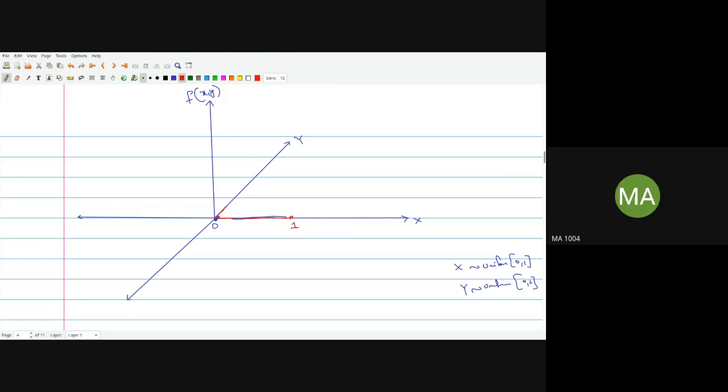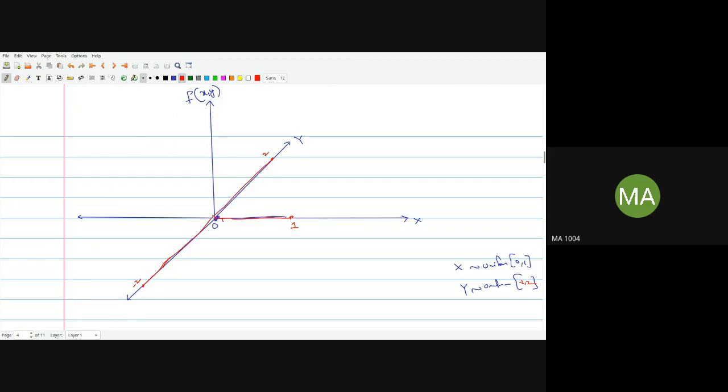Y can take negative values also, na sir? Yes, suppose minus 2 to 2. So it's minus 2 and this is plus 2. Okay, so y can take these many possible values.